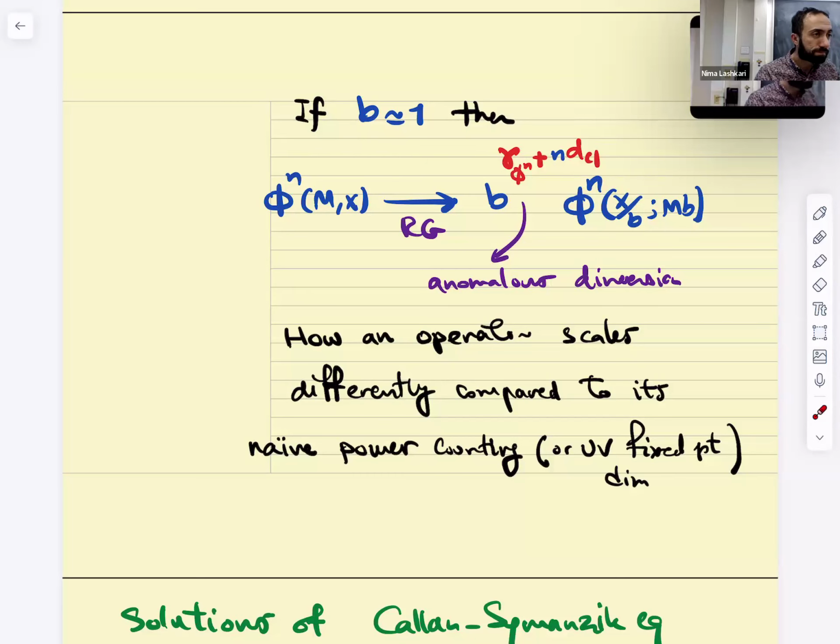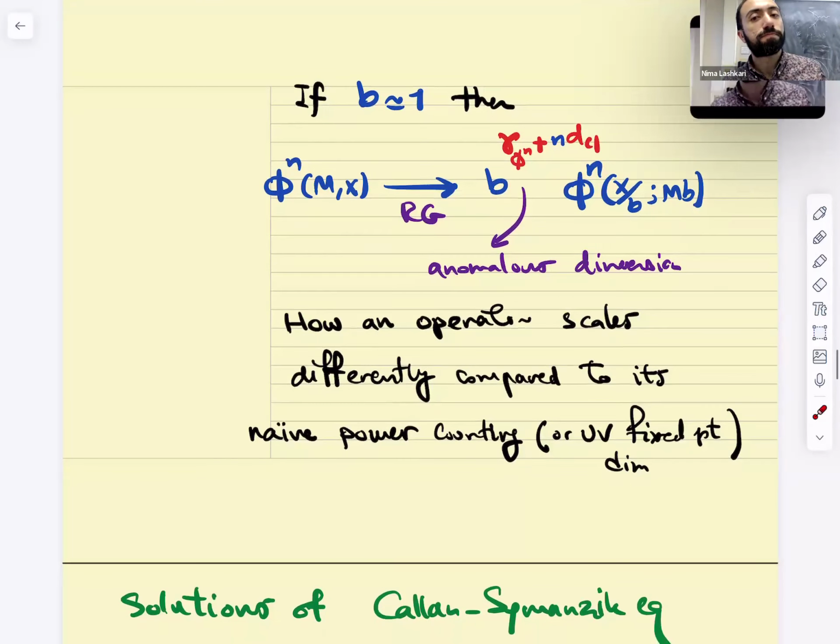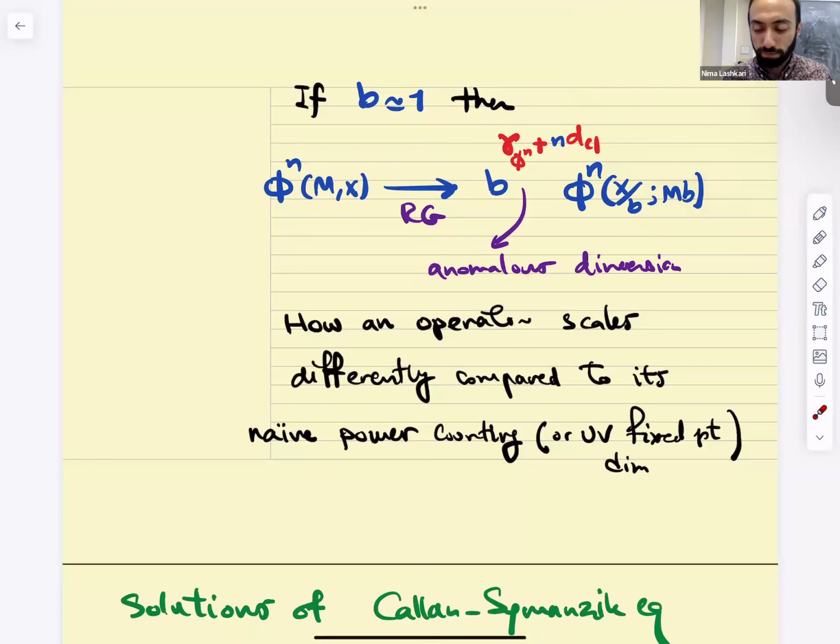Good. A bit off the topic question here. Can we think about these composite operators as reducible tensors? Because here we see a mixing of operators with the same quantum numbers, and the same thing happens for reducible tensor operators as well. What is a reducible tensor operator?